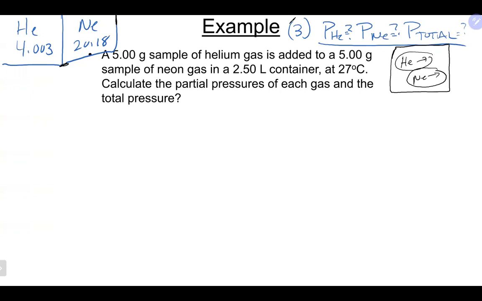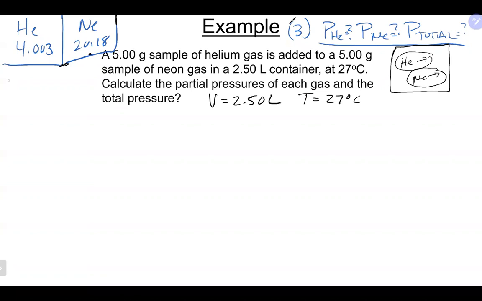So we do an individual calculation for each of them, and that will give us the partial pressure of each gas. The volume for each will be the same, 2.5 liters, because they're in the same container. And because that container is in the same room, the temperature will also be the same for both.